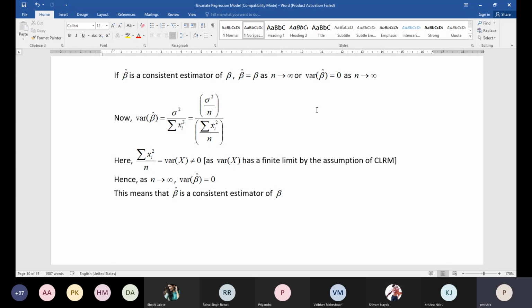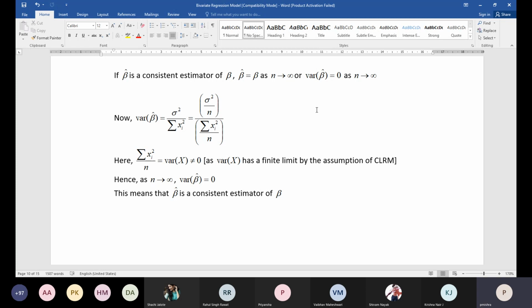So x should have a finite limit to its variance, otherwise we will not be in a position to understand how variations in x are translated into variations in y. So by assumption, variance of x has a finite limit.